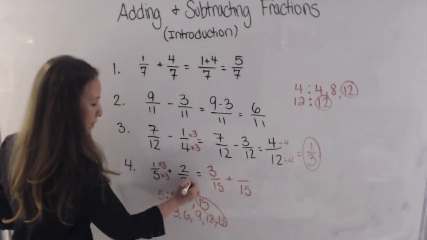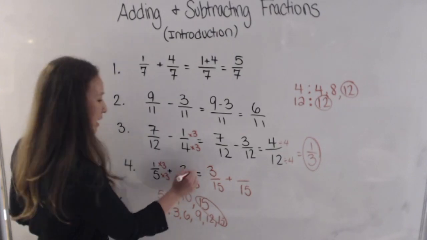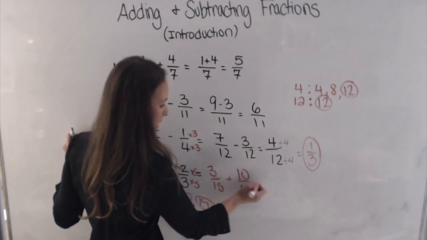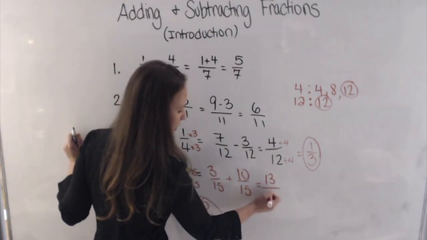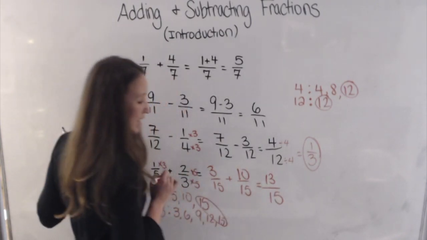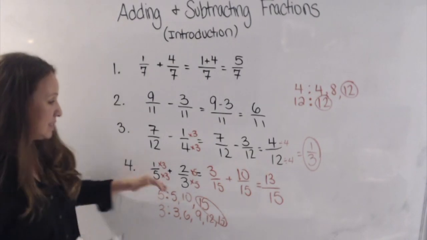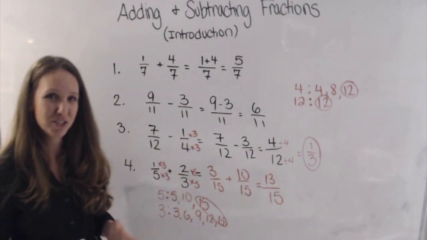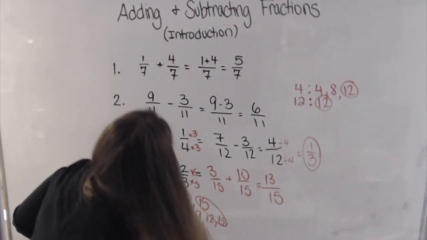And we have to multiply 3 times 5, and again, whatever I do to my denominator, I must do to my numerator. And we add 3 plus 10 is 13, and the denominator stays 15. And that's why we need the common denominator, because how would I know what to put on the bottom if I'm not changing the denominators? So let's erase and keep going.